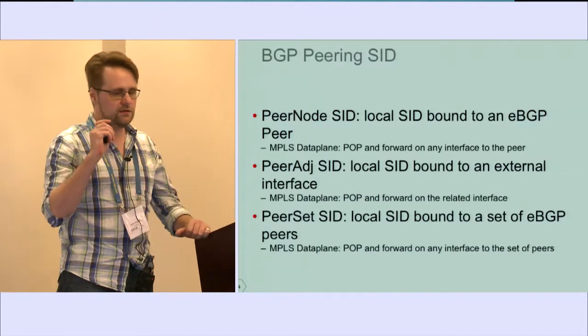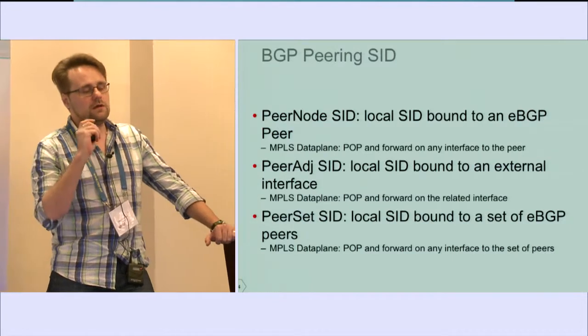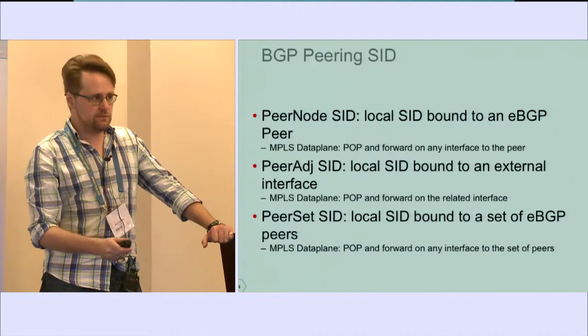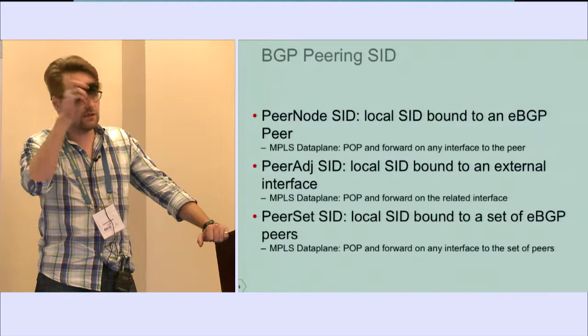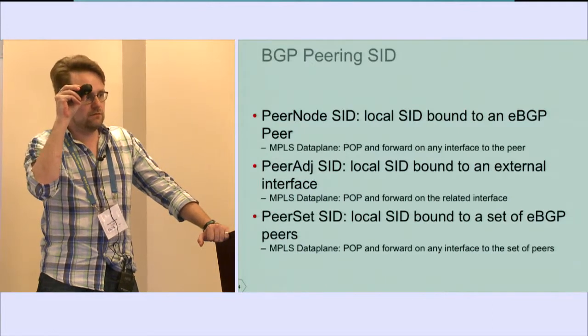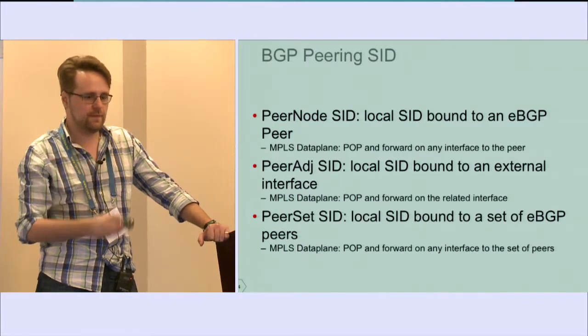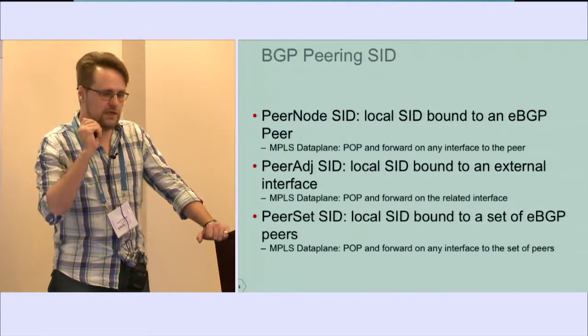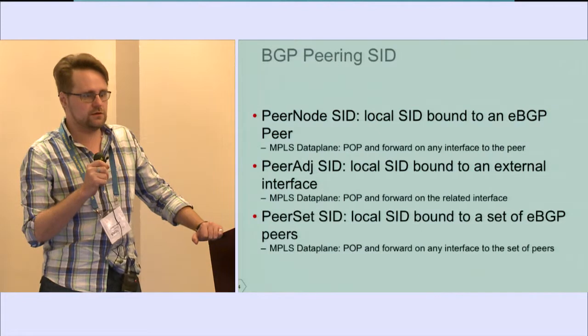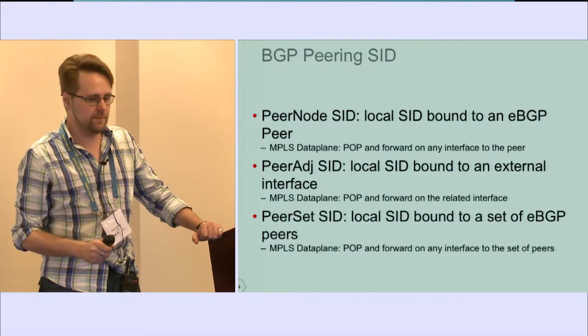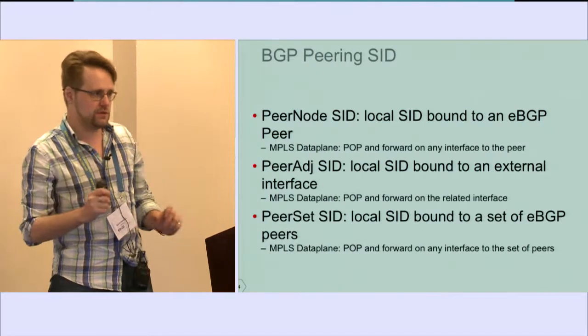The first step is the allocation of the segment ID. These are the headers that are inserted into each and every packet when we initiate SR. In this case, we use three types of segment ID.